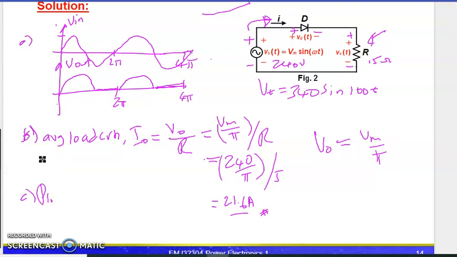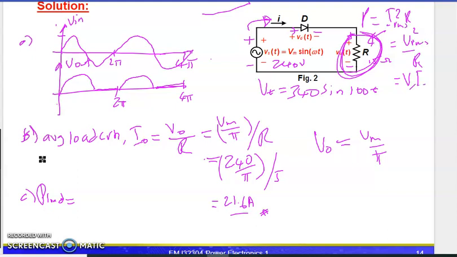So P load, the resistive element. We can calculate P by I squared R, or V squared over R, or VI. So all are RMS. No?